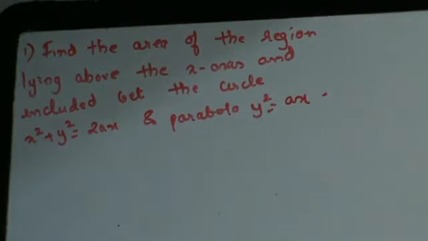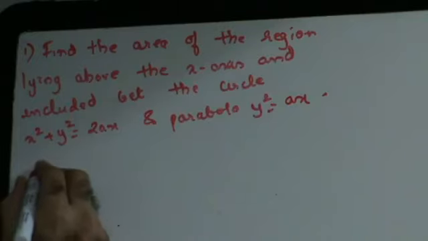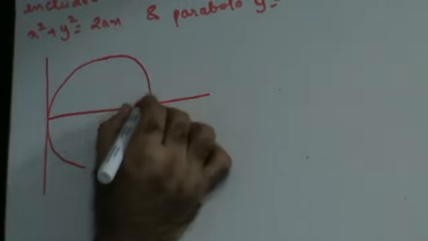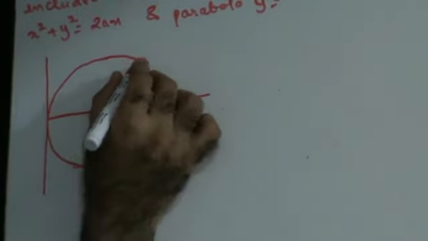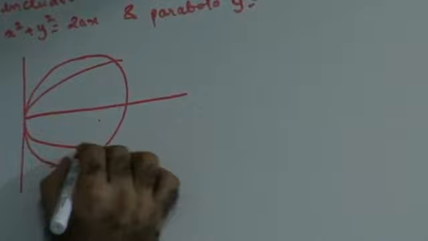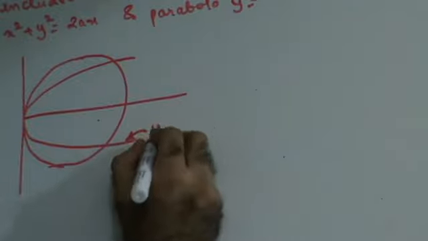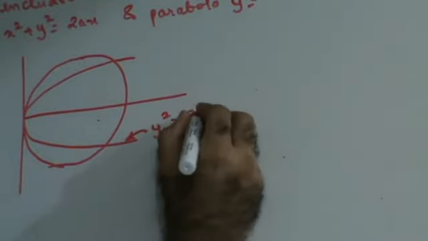Right, now let's try to see how the figure would be. We are saying that it is above the x-axis, that means it has to be in the first quadrant. Circle, parabola. The equation of parabola is y square is equal to ax.